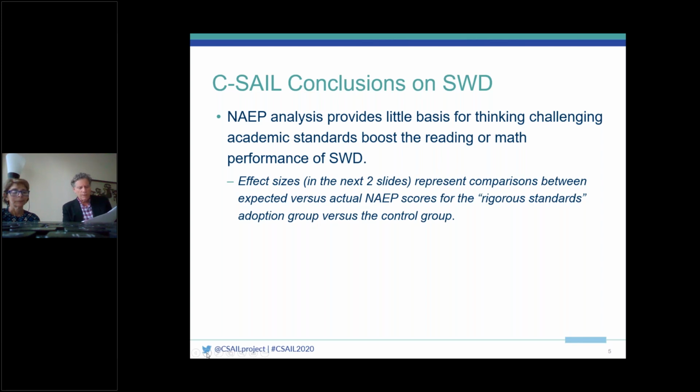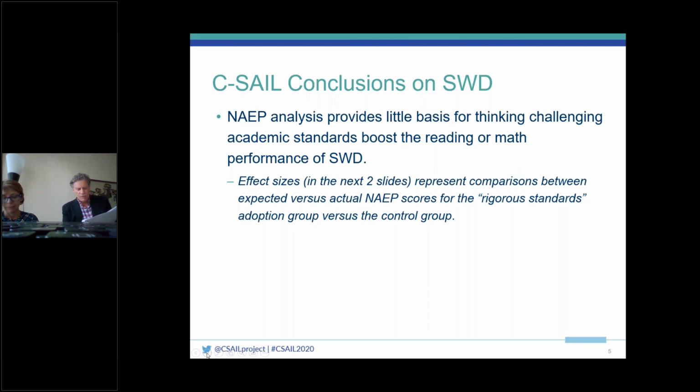In both slides, effect sizes, now this is a little complicated, so bear with me. The effect sizes that you're going to see represent contrasts between what we'll call a treatment group and what we'll call a comparison group. The treatment group was states adopting college and career-ready standards in 2010.